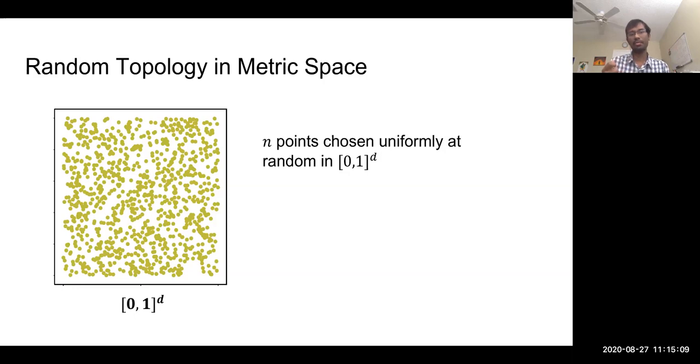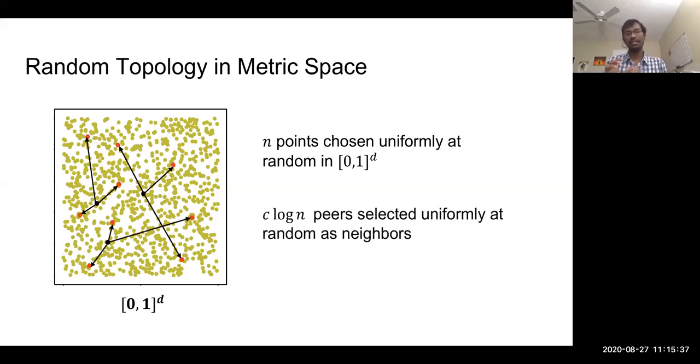These endpoints are going to denote the n nodes in our network. And in this model, the distance between any two points in this picture denotes the time it takes to send a message from the first point to the second point. We can also think of this square as the globe, if you wish.